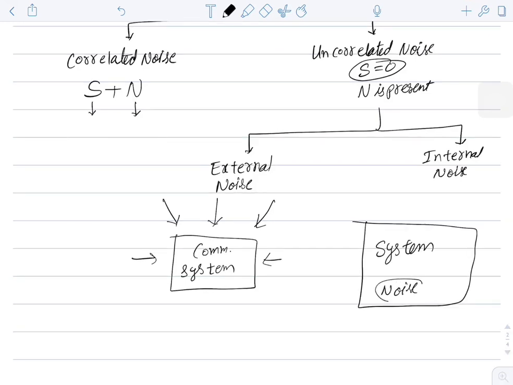Let us say you have a system and the noise is generated within the system while functioning is going on. Such type of noise we call internal noise. For example, the amplifier that you are going to use in a loudspeaker, if it is not functioning well, definitely you are going to get noise at the output. And this generation of noise is due to functional behavior of the amplifier which is available within the system. That's why it comes under internal noise.